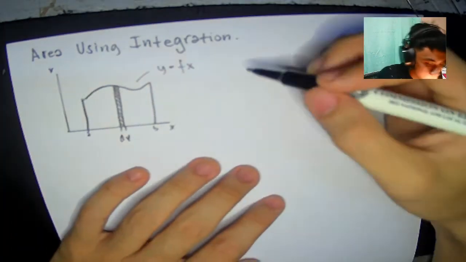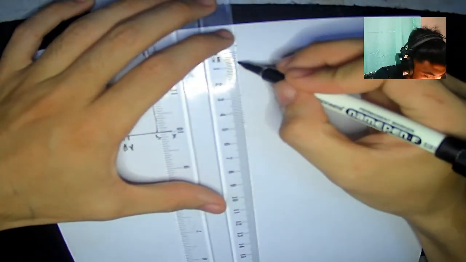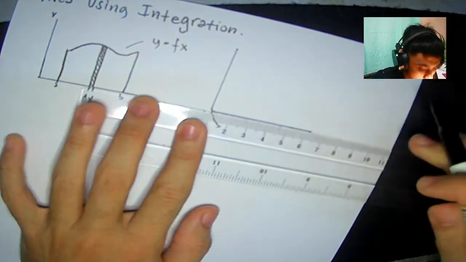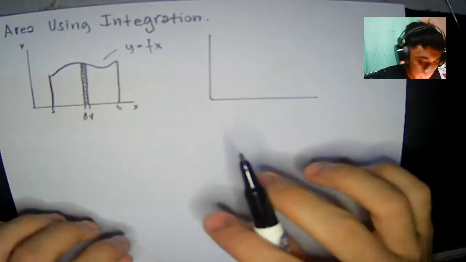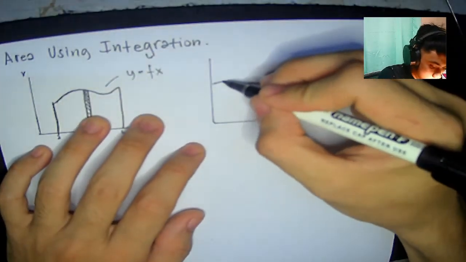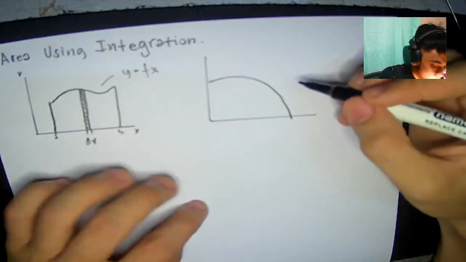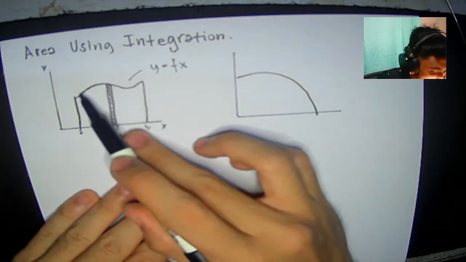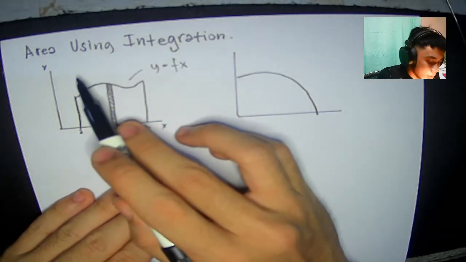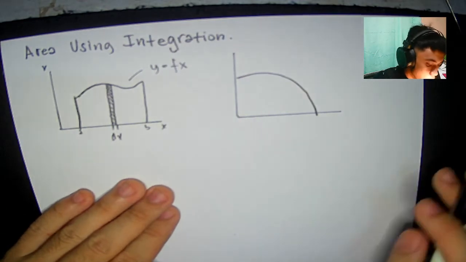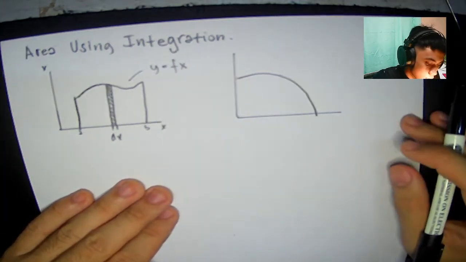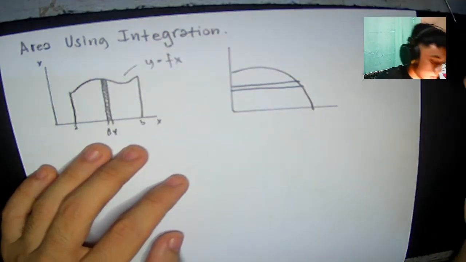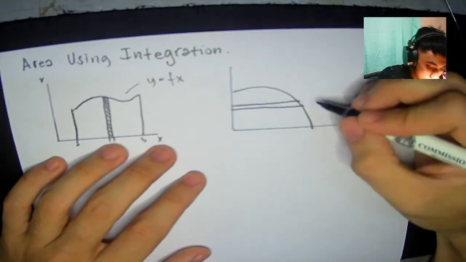In other cases, we can see some functions whose area looks like this. What happens here? We're finding y equals f of x. When you indicate the height of the rectangle by x, we'll have dy.